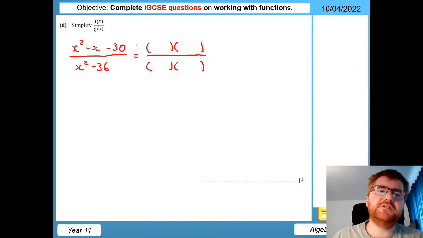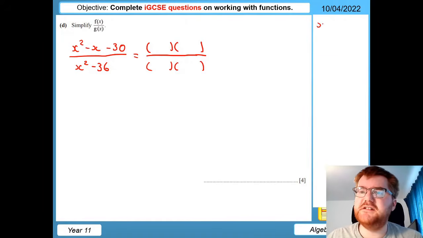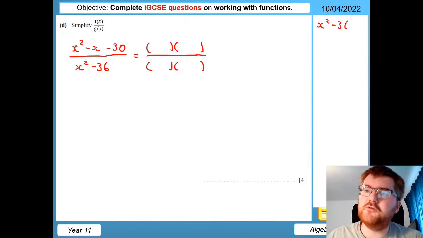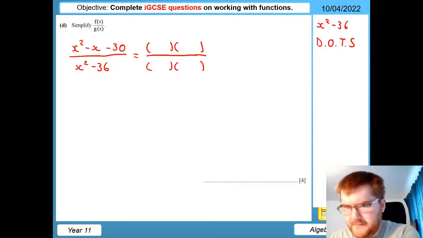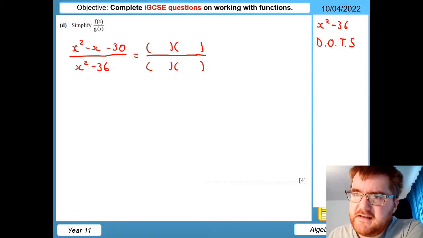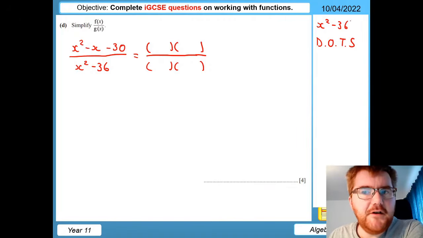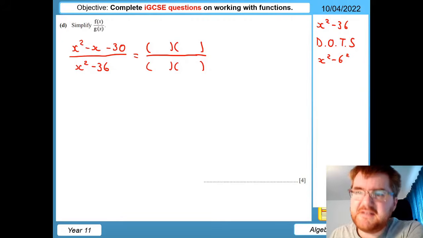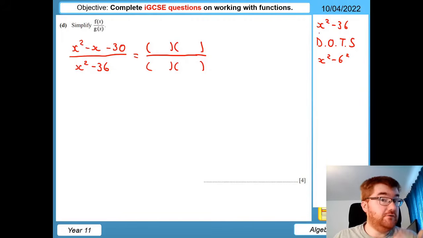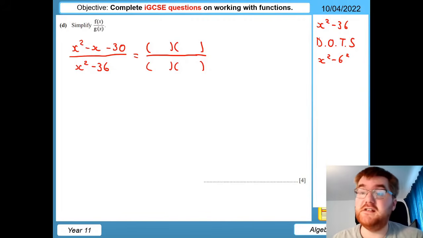Now if we look at the bottom one, x squared minus 36, this is a special form of quadratic known as difference of two squares, or DOTS as I like to call it. What this means is that both of these are square numbers. x squared is a square number and 36 is equal to 6 squared. This has a very special factorization that you need to learn for the IGCSE course.